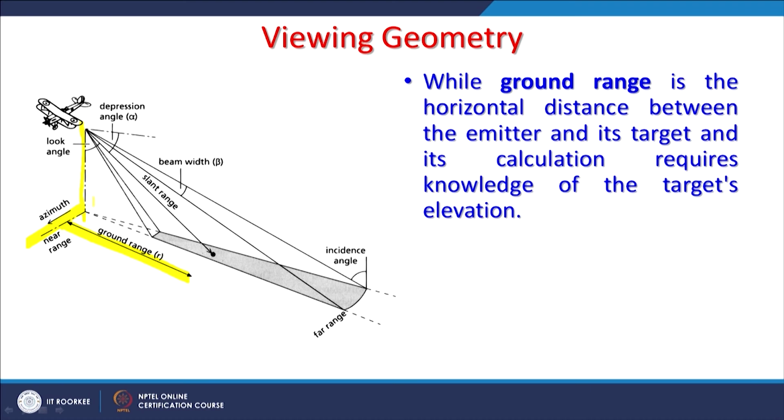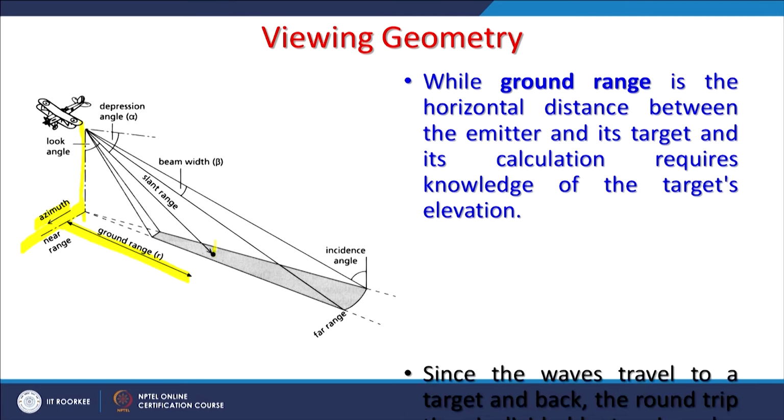the ground track of the sensor, and here the direction will also matter. So, azimuth is there. Ground range is the horizontal distance between the emitter and its target, and its calculation basically requires knowledge of the target's elevation.